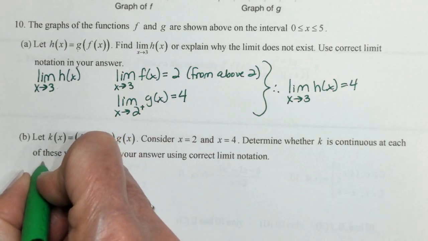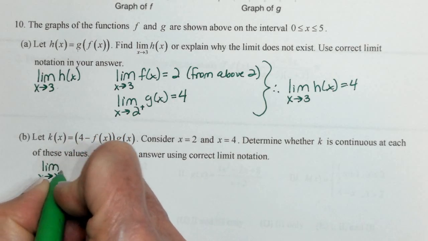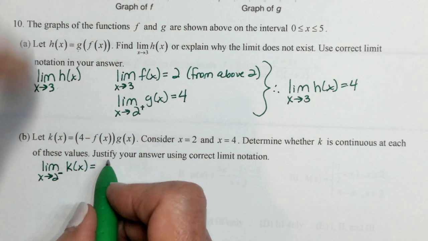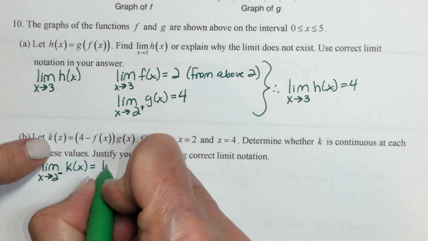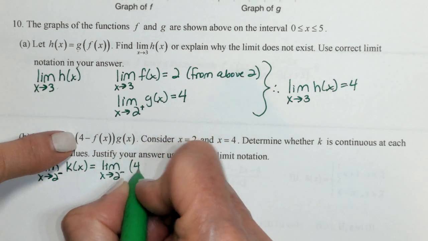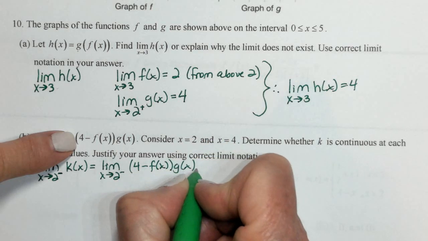So, the limit as x approaches 2 from the left of k of x is equal to the limit as x approaches 2 from the left of 4 minus f of x times g of x.